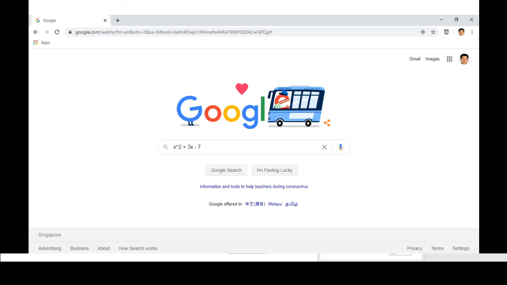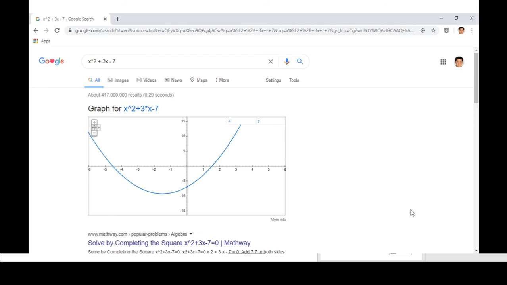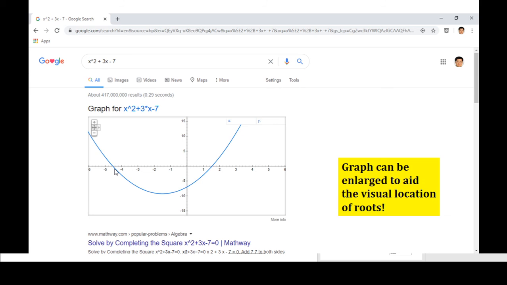So this is a parabola, and this is x squared plus 3x minus 7. So this is how it looks. Okay, so you can see visually very quickly that there are two roots, one root here and another root there. You can enlarge the graph so that you can locate the root more precisely. So let's say I want to locate this root.